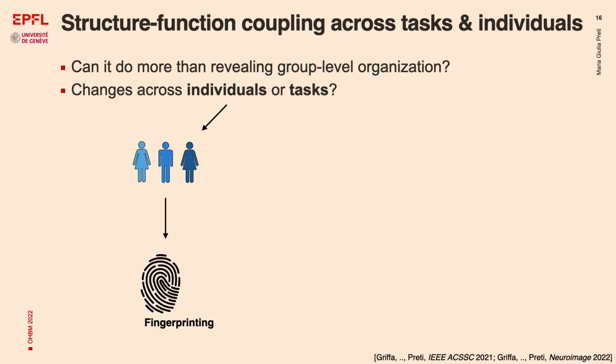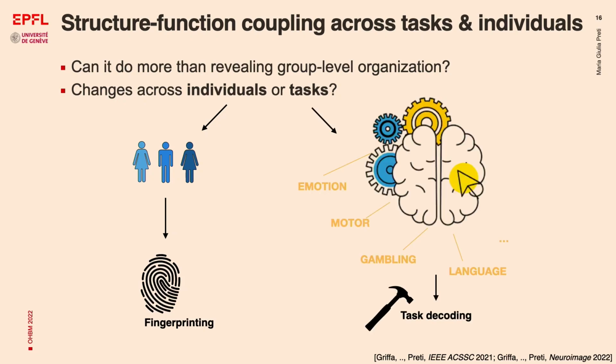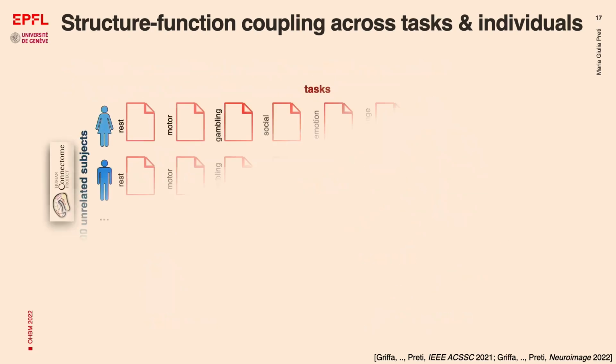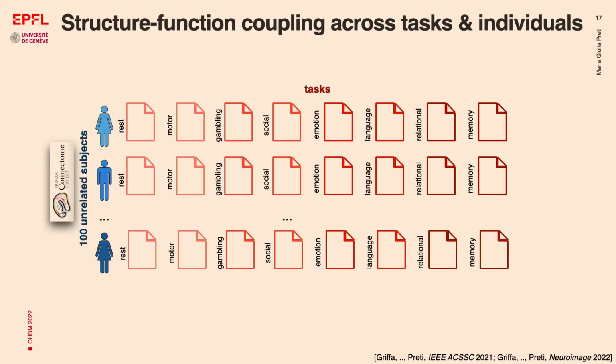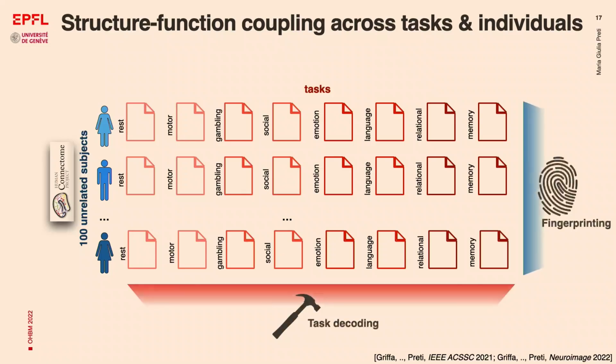In order to answer these questions, we wanted to see if there was potential in these measures for fingerprinting and also for task decoding. And so we analyzed another set of HCP subjects with the 7 additional tasks that are available apart from resting state. And then we tried to classify subjects and tasks.